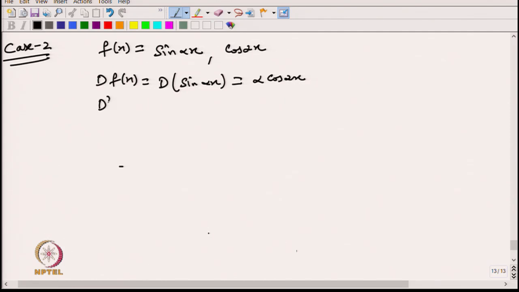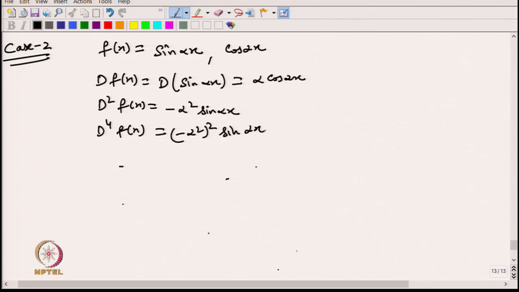Now, taking D square f(x), it becomes minus alpha square sin alpha x. Now, what about D^4 f(x)? It will be minus alpha square, whole square, sin alpha x.